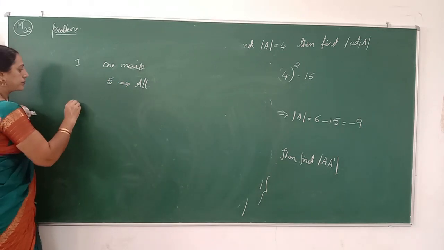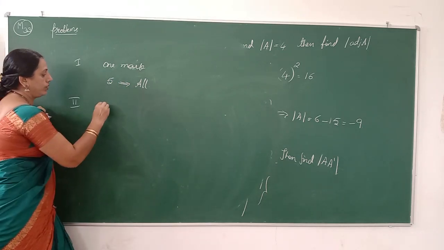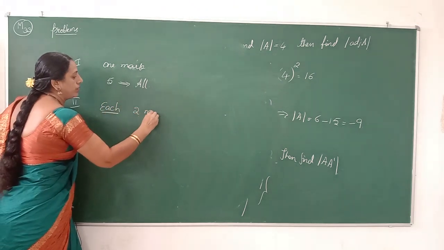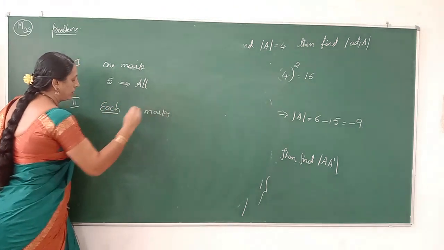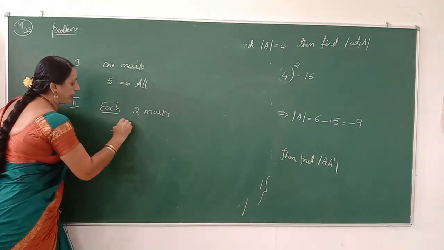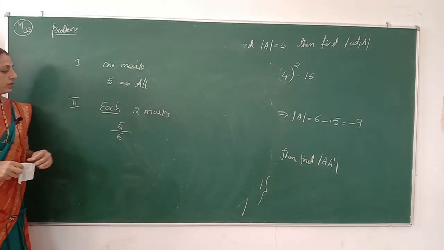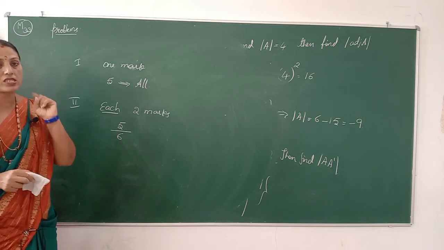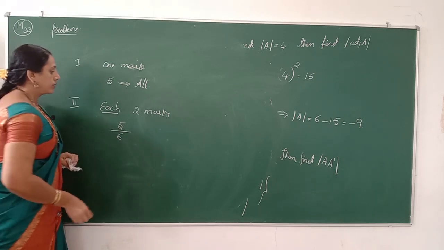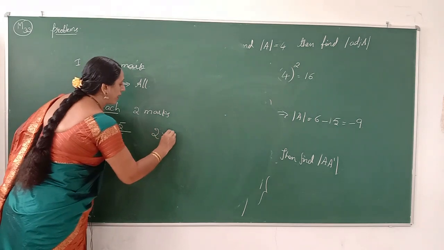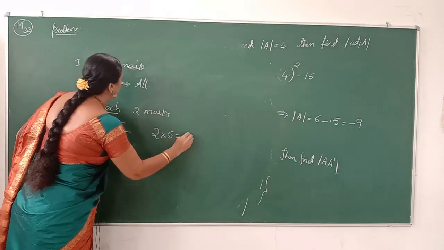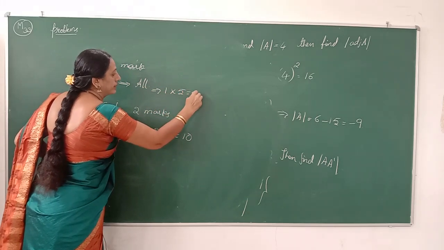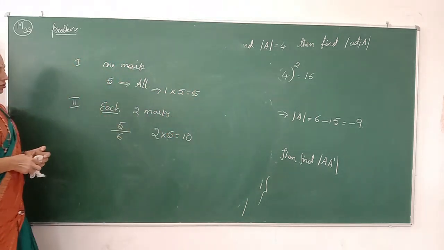The second main is a 2 mark question, each question carrying 2 marks. 5 can be chosen out of 6 questions. So that is 2 into 5 is equal to 10. 1 mark question is 1 into 5 is equal to 5.